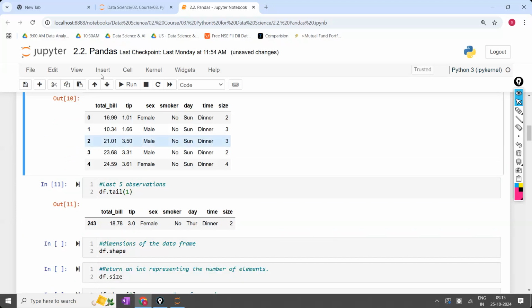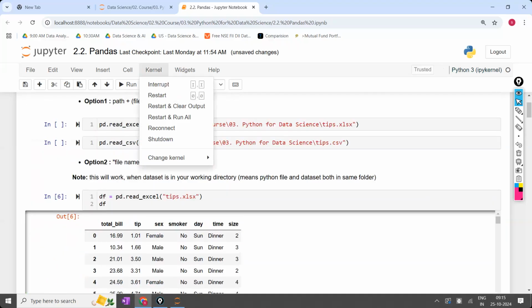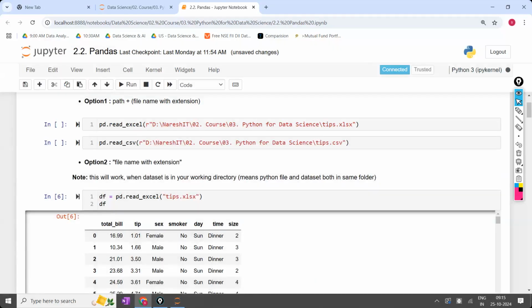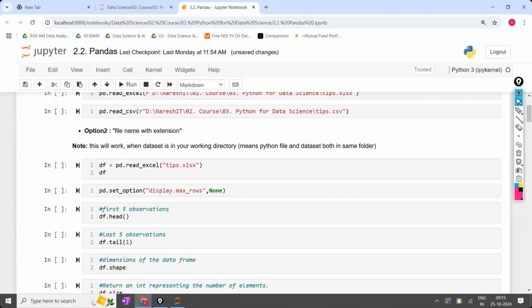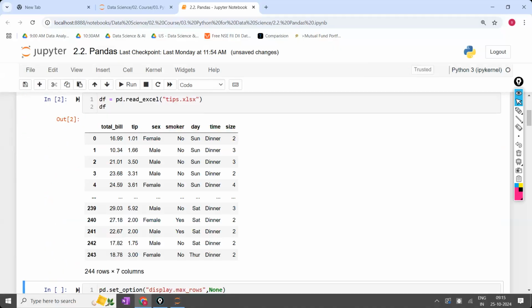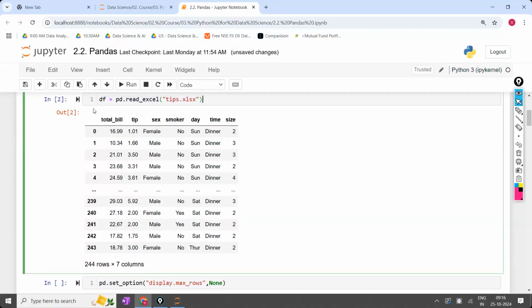Generally, once we load the data, we write df.head to check whether we have loaded the correct Excel file or not. For example, I'm restarting the kernel one more time and importing pandas as pd. After loading the data, we will not even print the df.